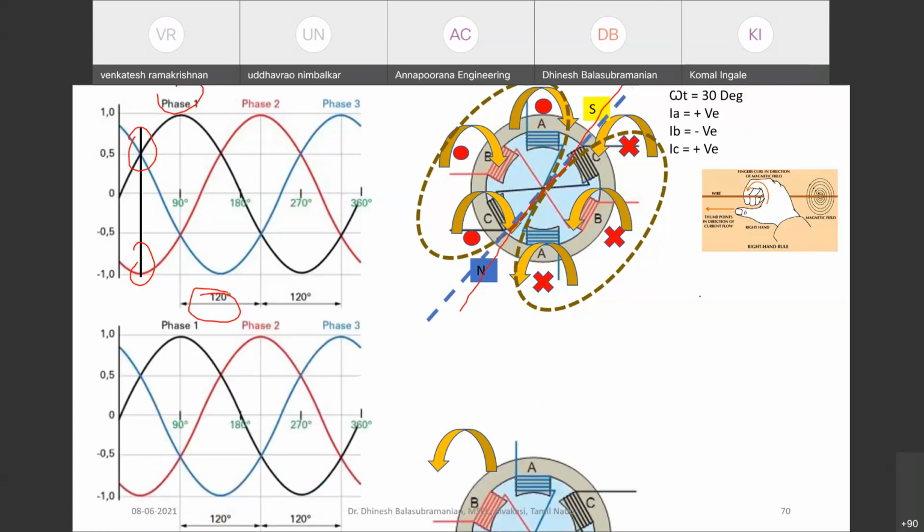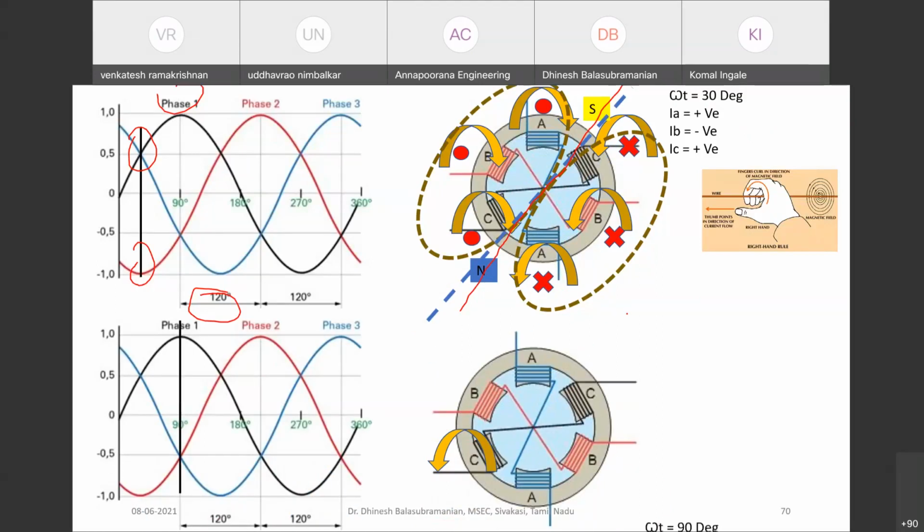And when we take a different plot over here, I have considered an omega t of 90 degrees. When omega t is 90 degrees, you can see IA is positive, whereas IB and IC are negative.